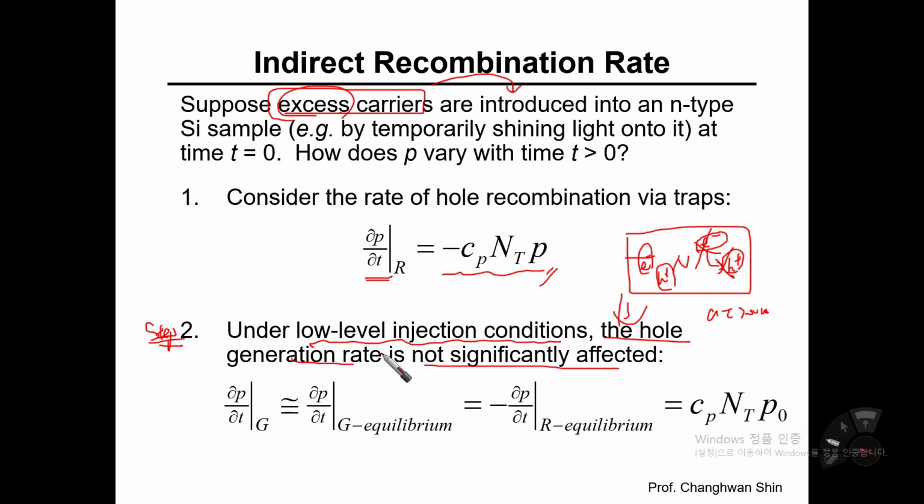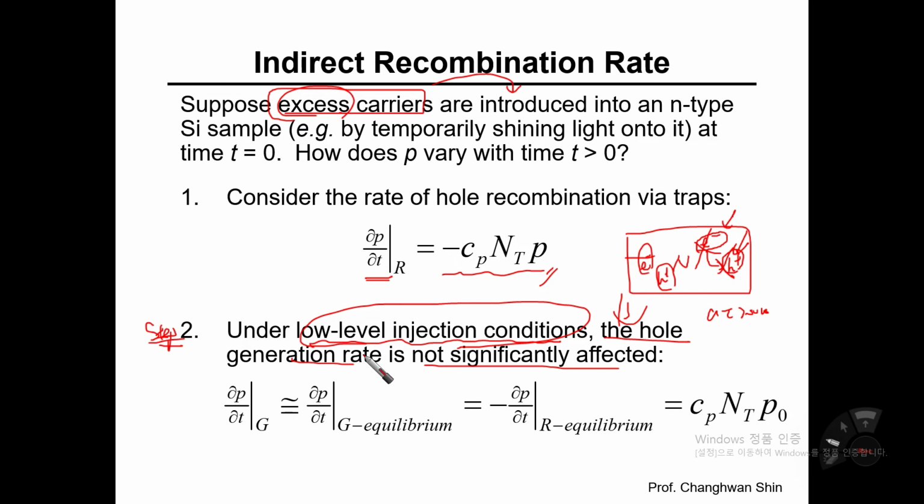In other words, under low-level injection conditions, the electron-hole pairs are still dynamically created and removed. In terms of the total number of electrons and holes in this n-type material, there is no change. But for a specific electron and a specific hole, those two carriers would never stay alive forever in this n-type silicon material, because electrons and holes are dynamically alive, I would say.